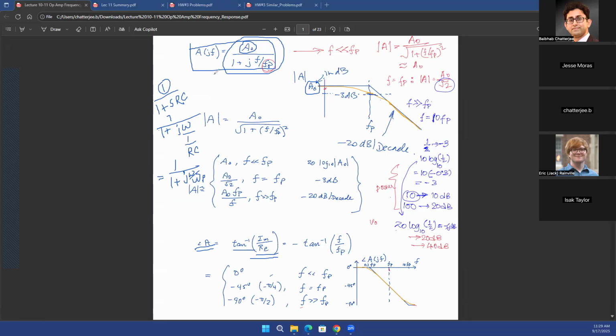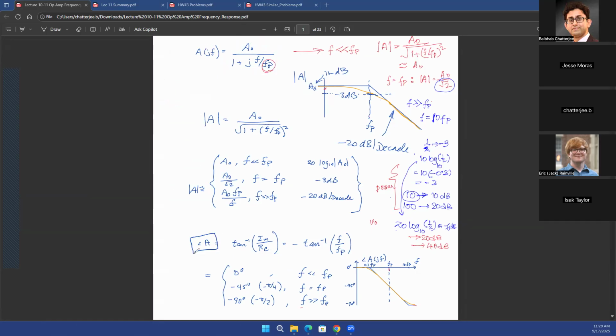All right. Now, if this is your equation, you can find out what is going to be the phase of A, which is a function of jf. So the tan inverse of imaginary quantity over real quantity, which is minus tan inverse F over Fp. Why is the minus?